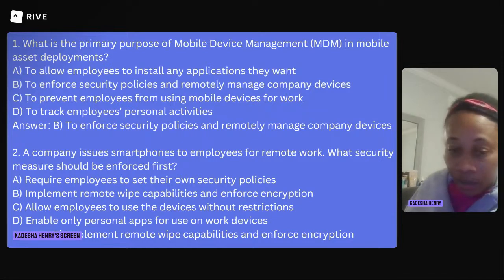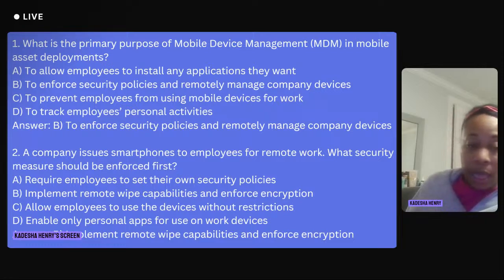A. Require employees to set their own security policies. B. Implement remote wipe capability and enforce encryption. C. Allow employees to issue the device. D. Allow employees to use the device without restriction. E. Enable only personal apps for use on the work device.